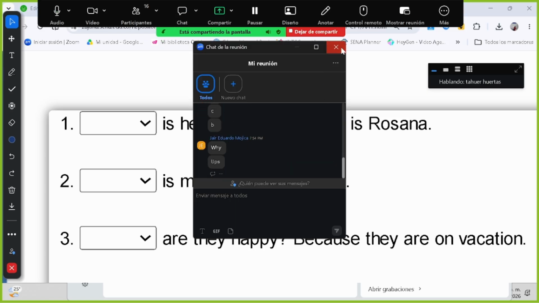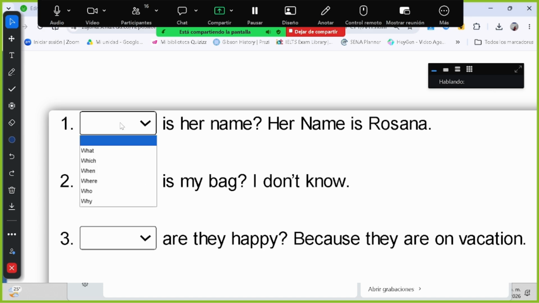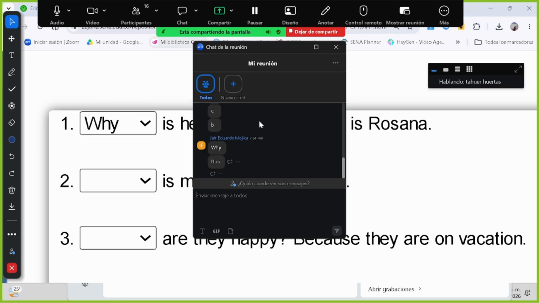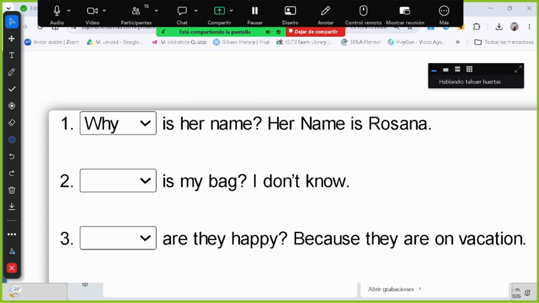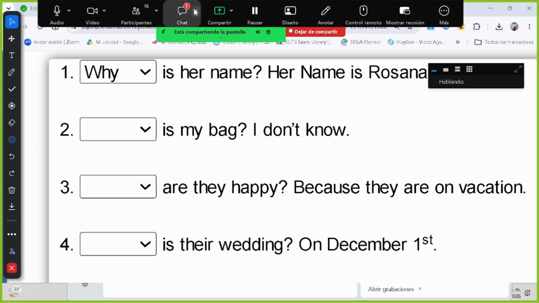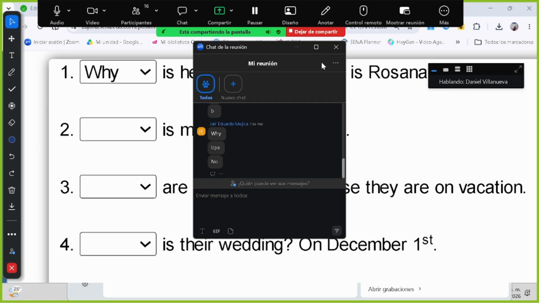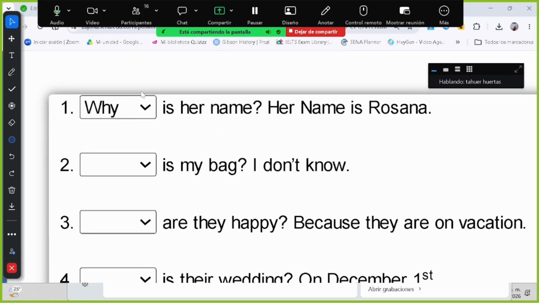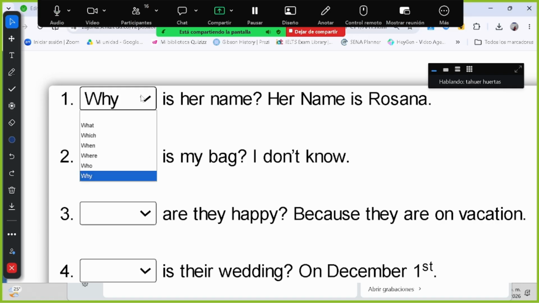Why? This is the correct. Tell me, number 1. No, teacher. Why is not the correct answer? It's not the correct word. Tell me the correct word.